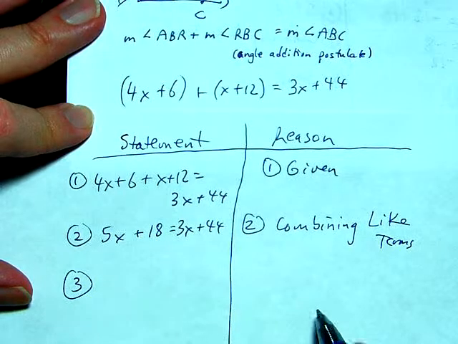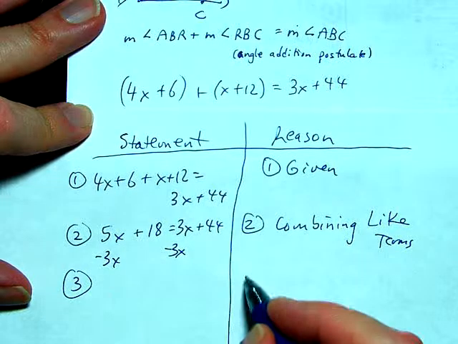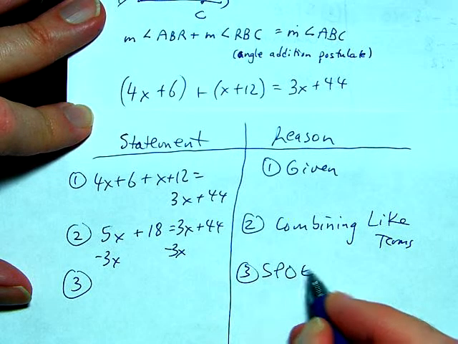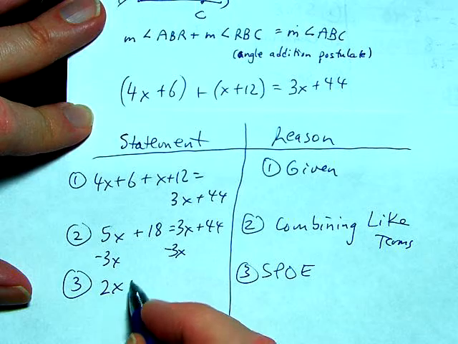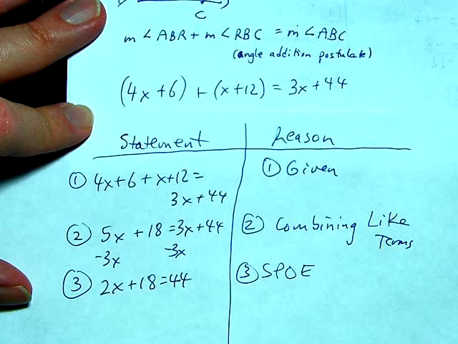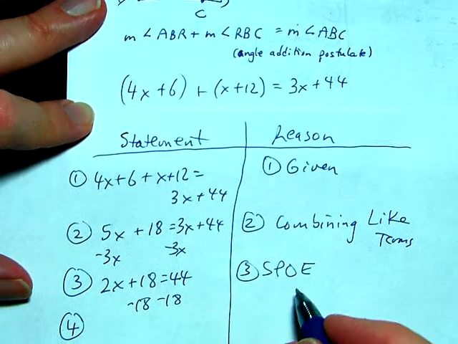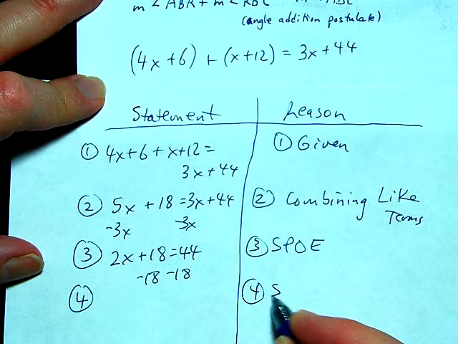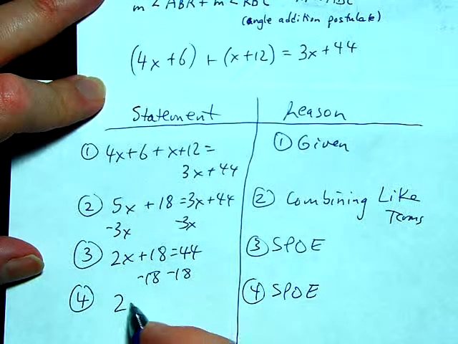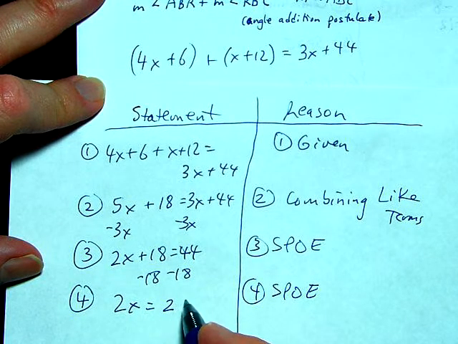And now let's subtract 3x from both sides. So this is the subtraction property of equality, which gives us 2x plus 18 equals 44. Okay, and now we can use the subtraction property of equality once again, subtracting 18 from both sides, which gives us 2x equals 26.